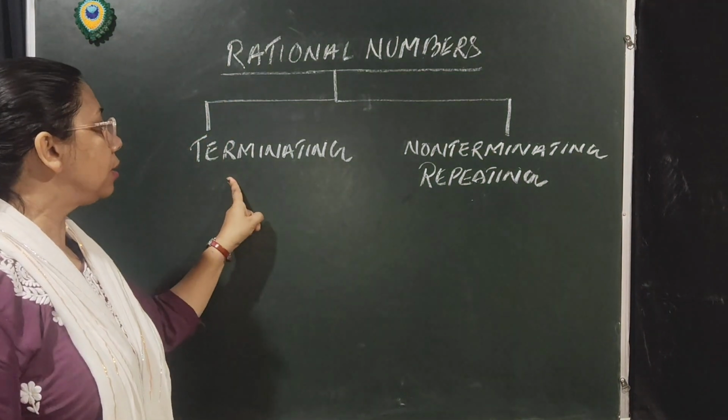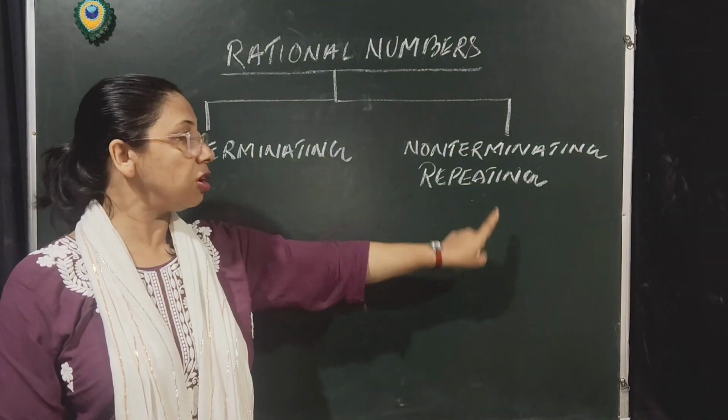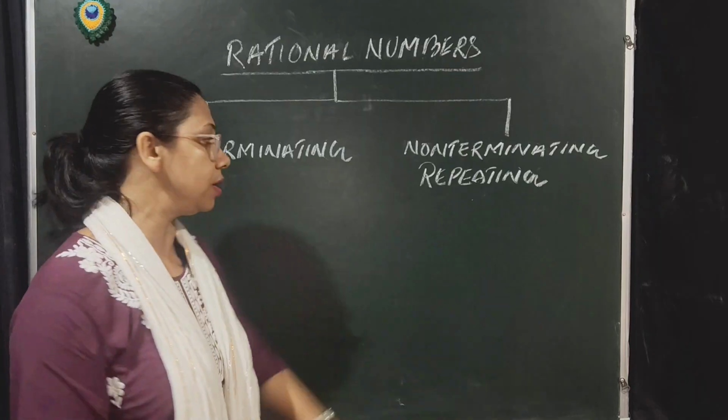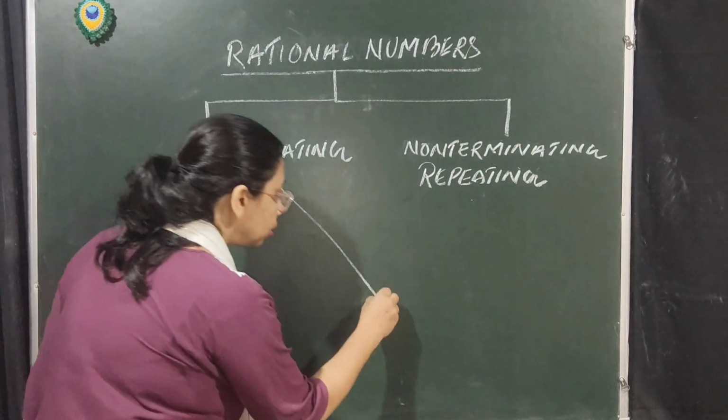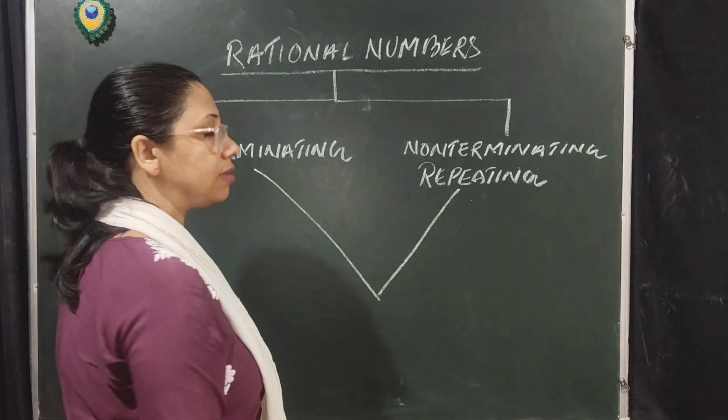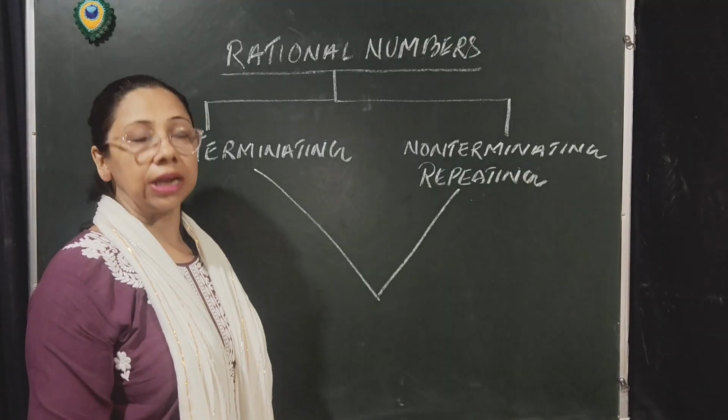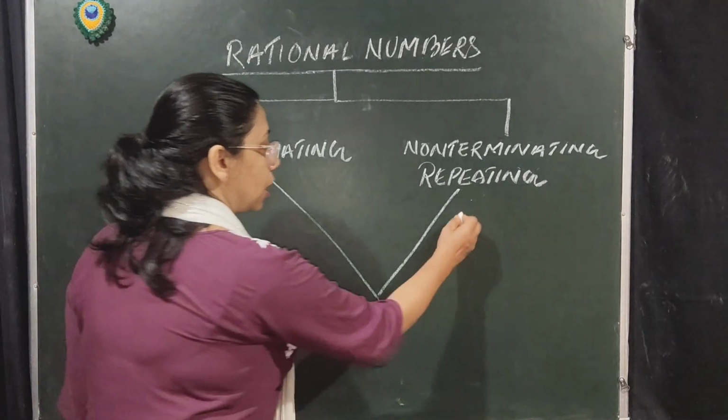Now, whether terminating or non-terminating repeating decimal, both types of decimal follow certain common rules.